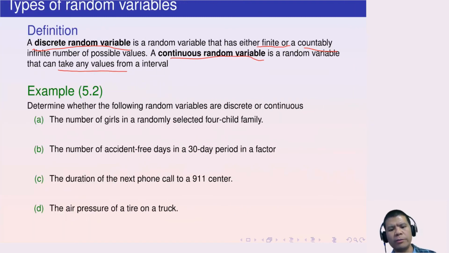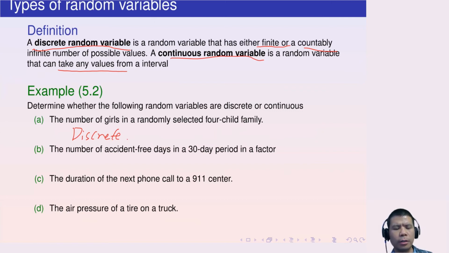Determine whether the following random variables are discrete or continuous. The number of girls in a randomly selected 4-child family. Is this discrete or continuous? This is discrete. So what are the possible values?